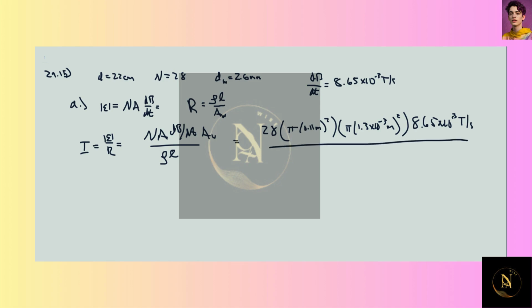We divide this by the resistivity. Oh, it might not tell us; you might have to look up the resistivity for a gold wire, and that's 1.68 times 10 to the negative 8 ohm meters.